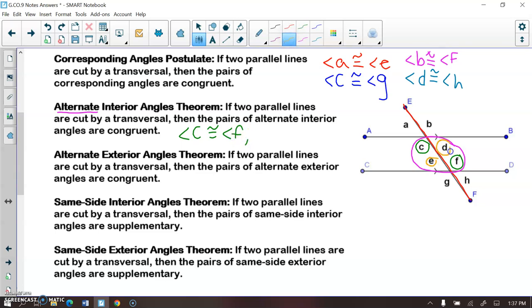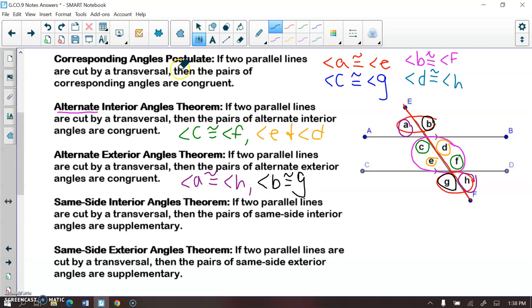And angle E and angle D are congruent. Okay, so then alternate exterior angles are the same, but they're on the outside of your two parallel lines. So angle A and angle H would be congruent. And angle B and angle G are congruent.